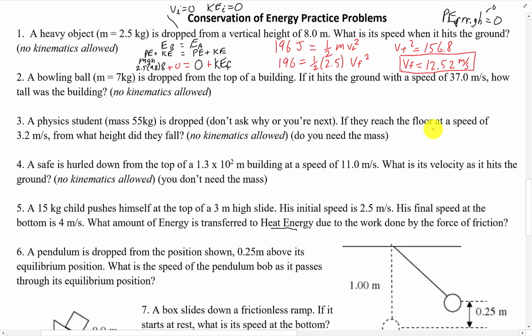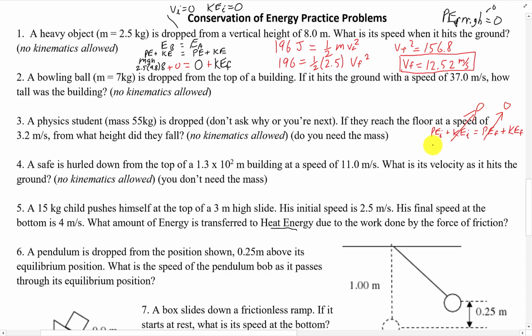So potential energy initial plus the kinetic energy initial is equal to potential energy final plus kinetic energy final. So they're dropped, so this is 0, and it lands at the ground, so that is 0.